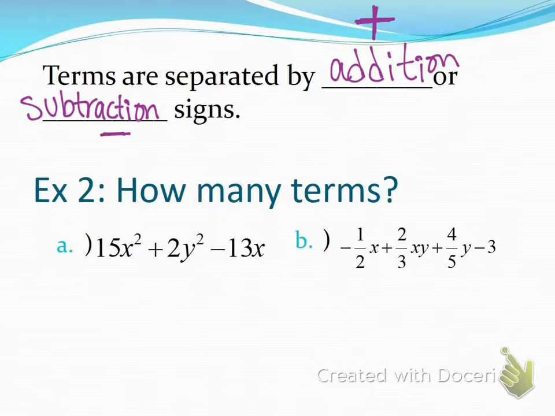Multiplication and division signs do not separate terms. Okay, so when we're multiplying 9xyz all together, like we saw earlier, that's considered one big term. Only plus or minus signs can separate terms.